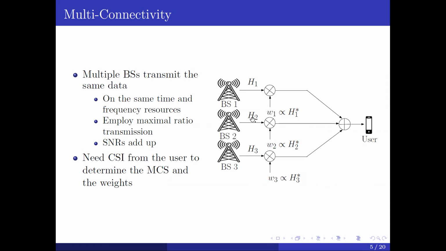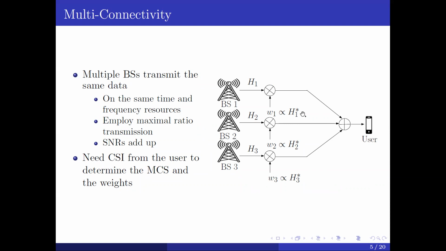Here H1, H2, and H3 represent the wireless channel gains between base stations 1, 2, 3, and the user respectively. The SNRs add up in this kind of transmission. Now, the base stations require channel state information from the user to determine the MCS (modulation and coding scheme) and the weights, because we saw the weights are proportional to the wireless channel gain. Therefore, the base station requires the channel state information from the user.